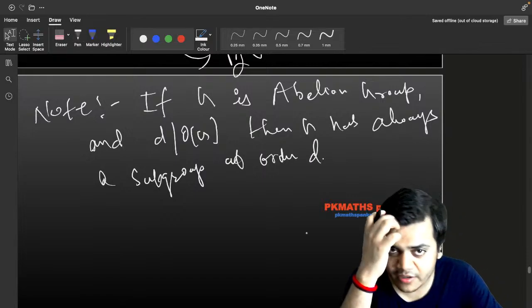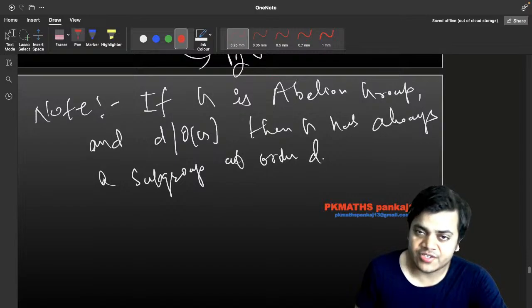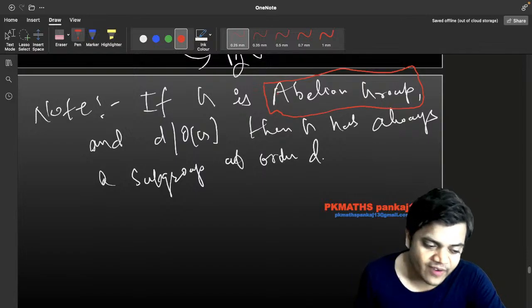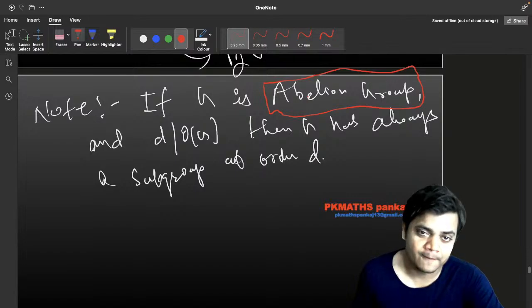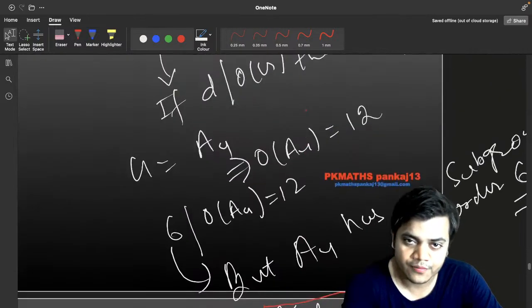Here you can see the condition, because in the statement of Lagrange's theorem we mentioned only a finite group, but if that finite group is abelian, then certainly the converse part is also true.